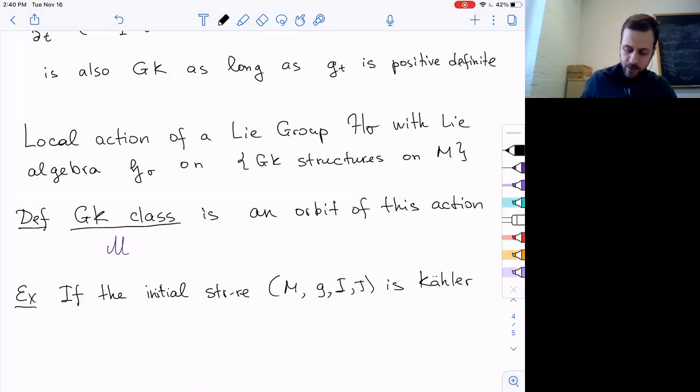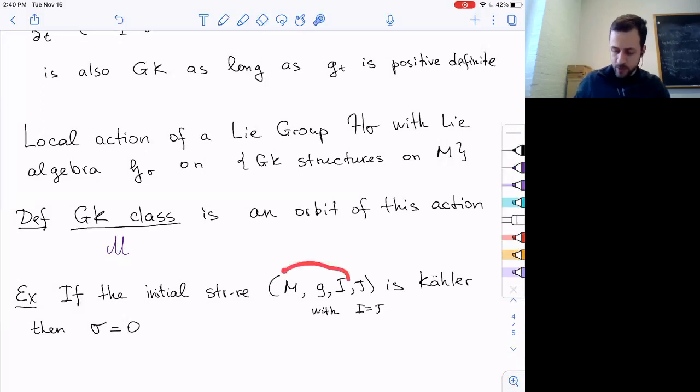Well, if it is Kähler, what we actually have is that the Poisson tensor vanishes, because by Kähler I mean that I equals J and the triple M, g, I is Kähler. So since I equals J, your Poisson tensor is really 0 here.